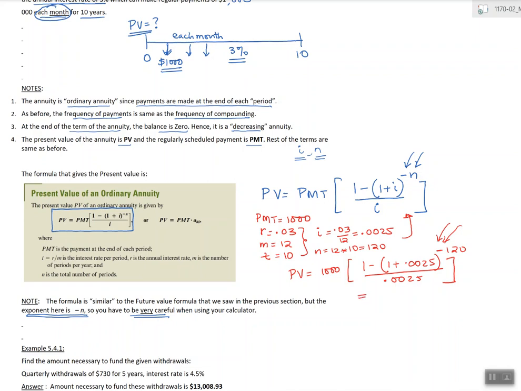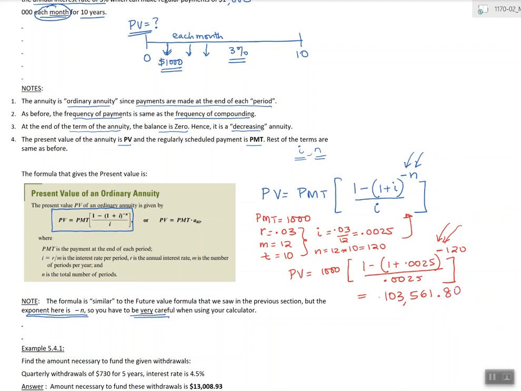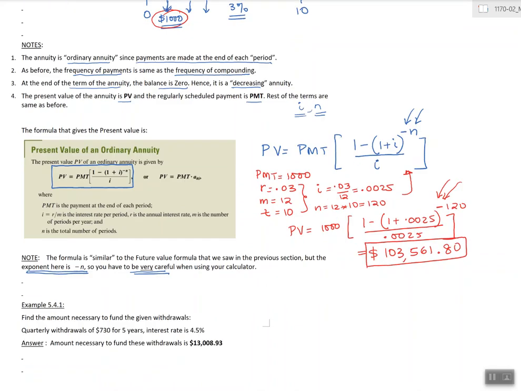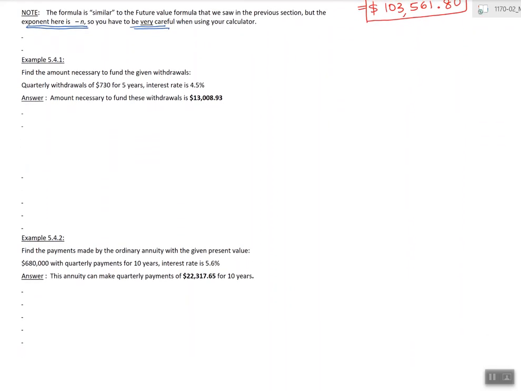If you do this, you're going to get 103,561 and 80 cents. So if we have $103,561.80, then this annuity will be able to provide a $1,000 withdrawal each month for 10 years. Let's practice this kind of problem a few more times.